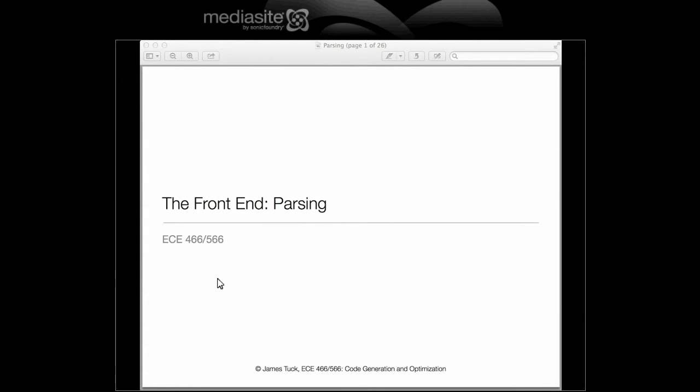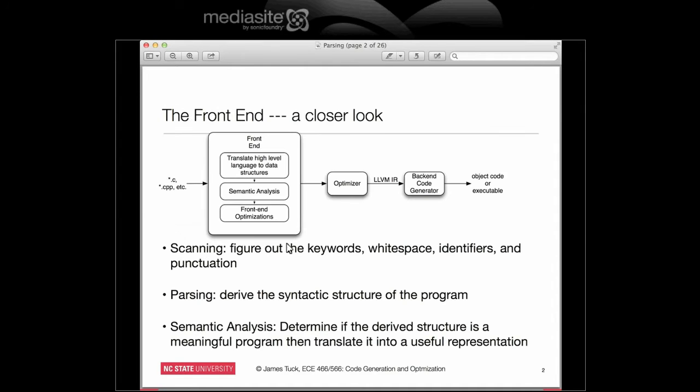Okay, so let's talk about the next part of the front end, known as parsing. If you remember, I showed you this picture last time, and I said the front end has to do a few different steps. The first one is translating the high-level language to data structures.